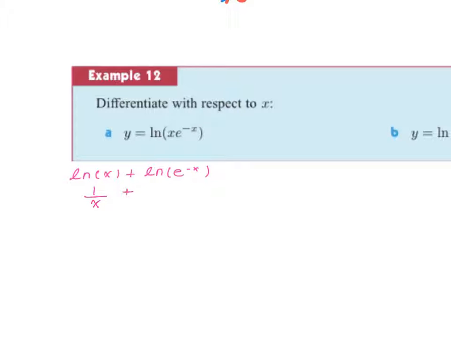And you can find the natural log of e to the negative x, right? It's that derivative of the inside function. What's the derivative of that inside function? Well, it's e to the negative x times something.